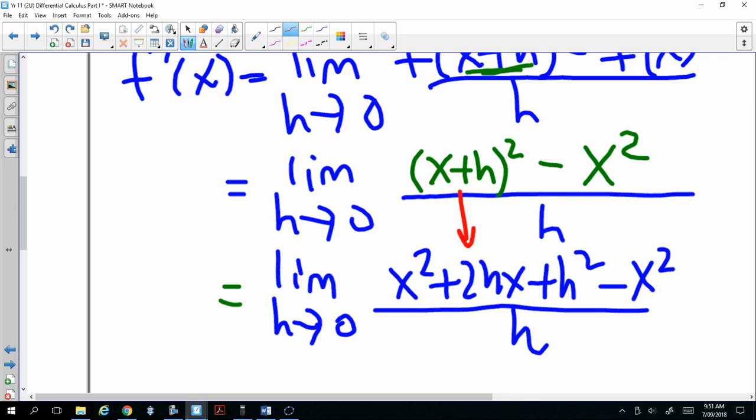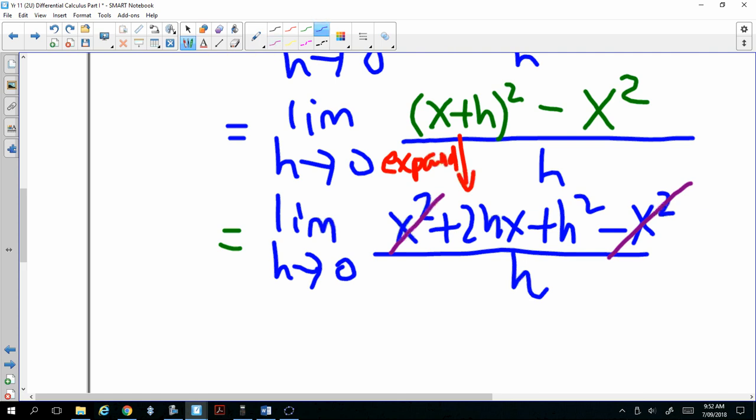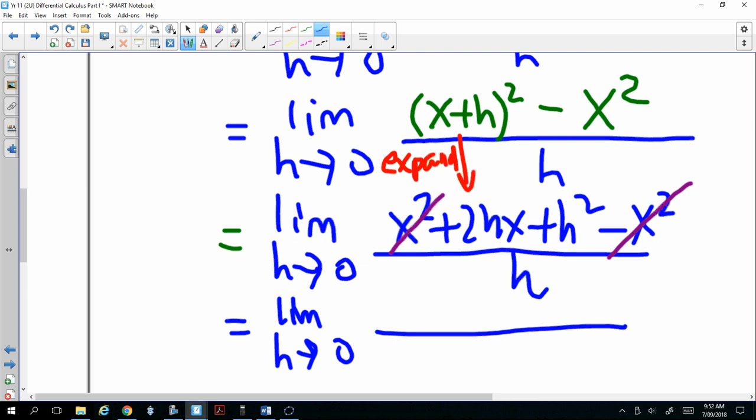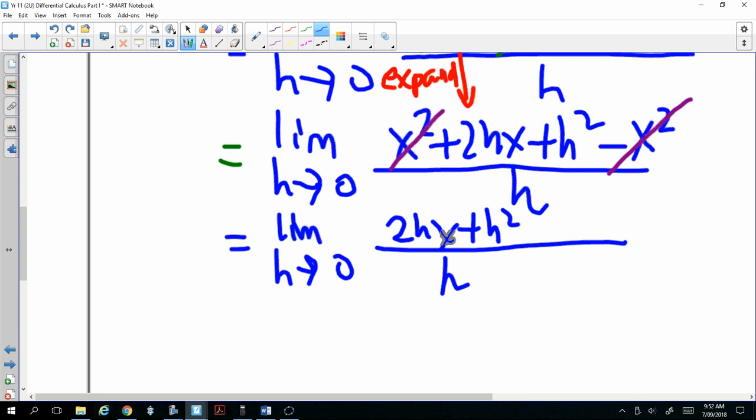And then you write limit as h approaches 0 of 2hx plus h squared over h. And then you factorize the h out, like the stuff we did before. And then you substitute after you cancel. Limit as h approaches 0 of 2x plus h.